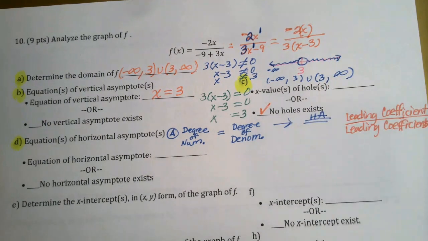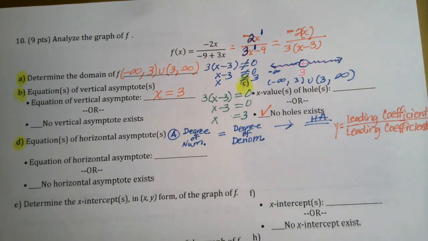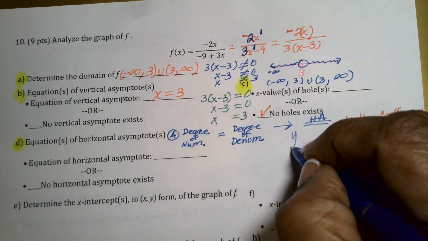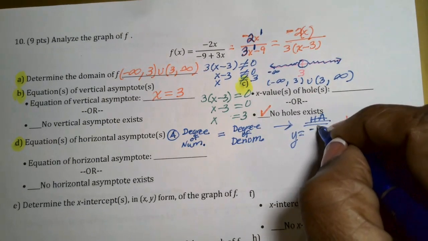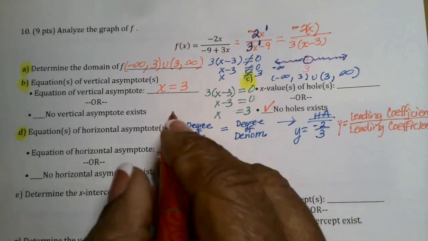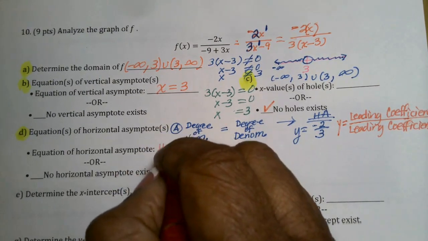Y equals the leading coefficient of the top over the leading coefficient of the bottom. So that looks like this: y equals -2/3. And so we're going to go ahead and write that in as our horizontal asymptote, y equals -2/3.